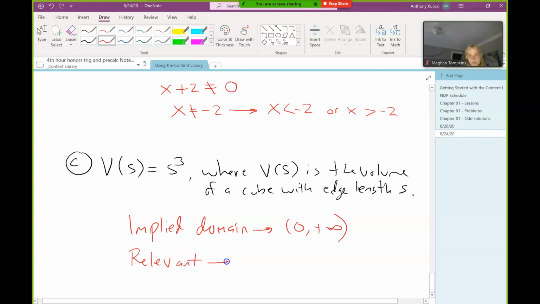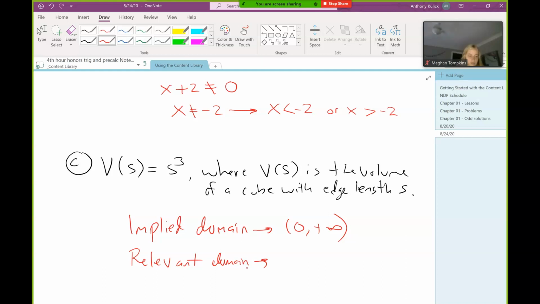Now, of the things in the implied domain, can I plug all of those in for s and get a value to return? Do all of those values make sense as values for a volume? Yeah, since if I plug in a positive number into this function, I'm going to get a positive number result back, right? Everybody agree with that?